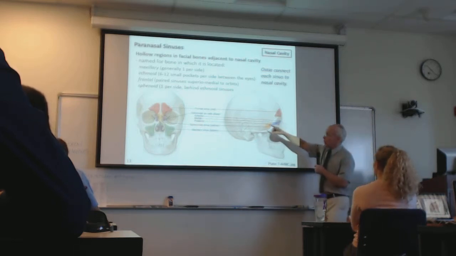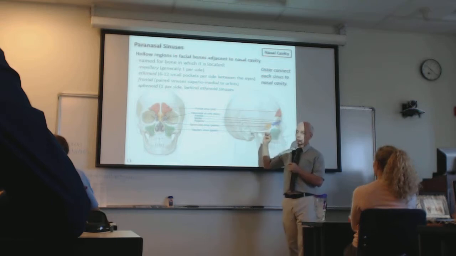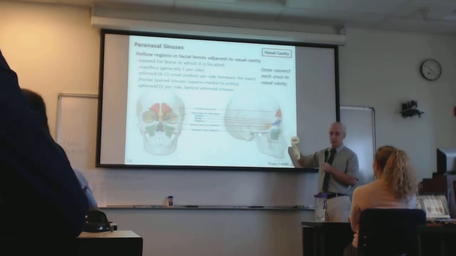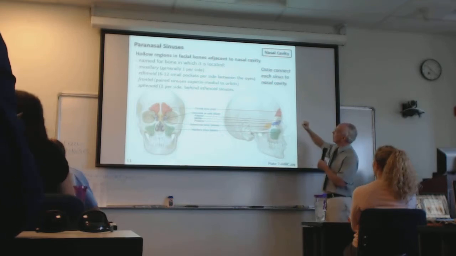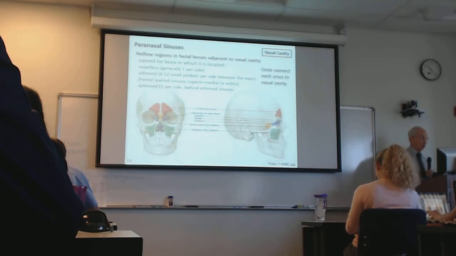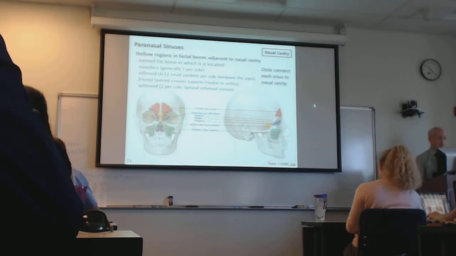So the connections between the sinuses and the nasal cavity can be called ducts, D-U-C-T, not D-U-C-K, or ostia. Ostia is another term for opening. And we will encounter many ostia before we finish our discussion of anatomy. Ostium is singular, ostia is plural.